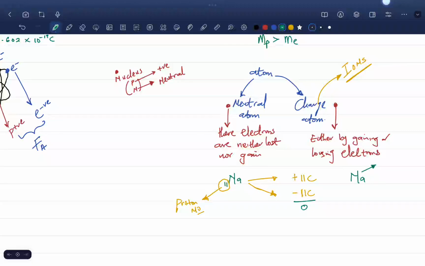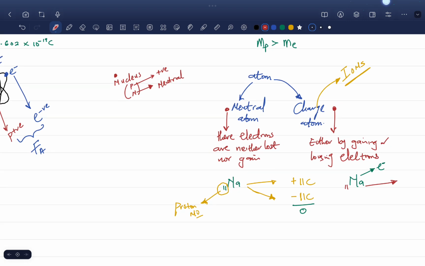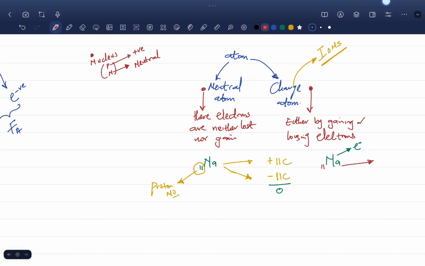Now that sodium has just lost 1 electron, sodium still has 11 protons. Sodium does not lose protons. If you remember from the concept here, we easily lose or gain electrons, not protons. So the proton is still +11 coulombs.